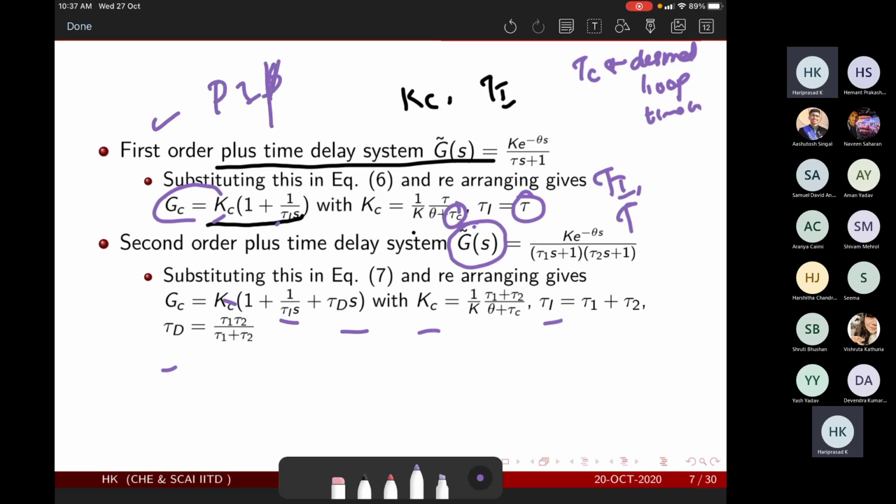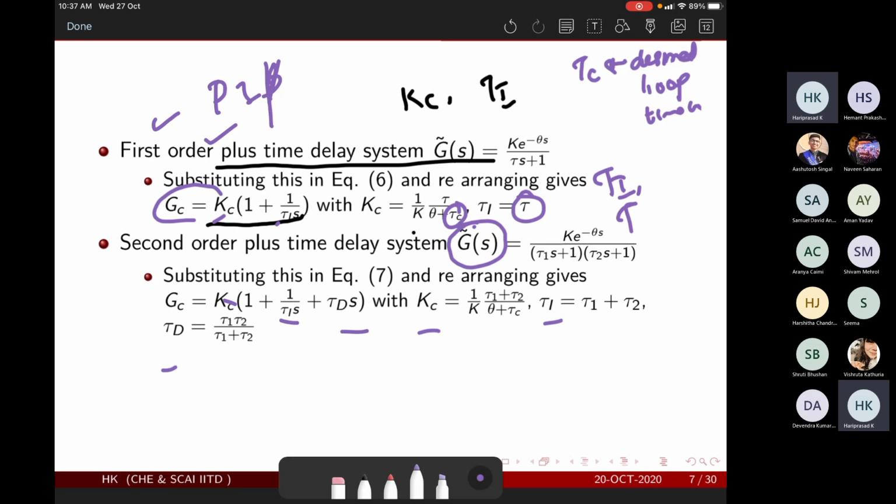It will only end at PI form for first order, because it is a model based control strategy. If your model is first order plus time delay, regardless of whatsoever, it would end in a PI controller. For a second order system or higher order, you might end up in a PID structure, but you will have to write it down and check.